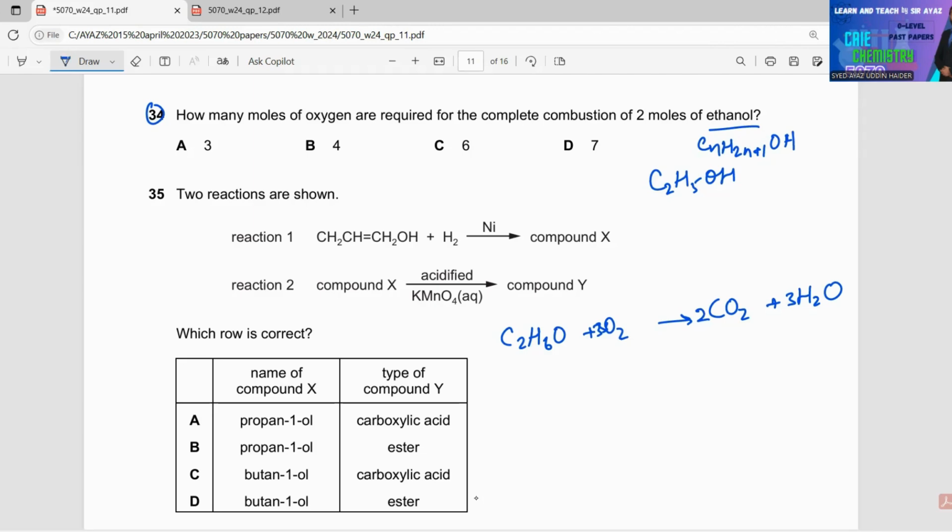For 1 mole of ethanol, there will be 3 moles of oxygen involved, which means 2 moles need 3 multiplied by 2, 6 moles. So C must be the right answer in this case.